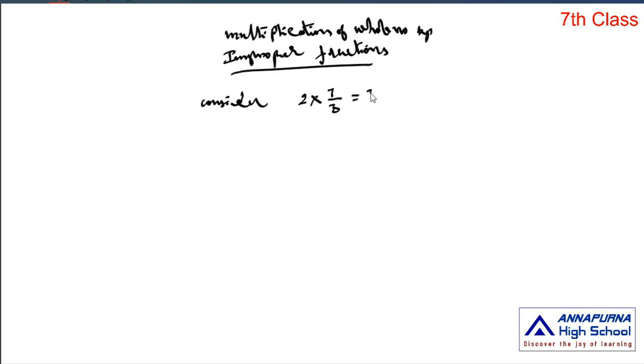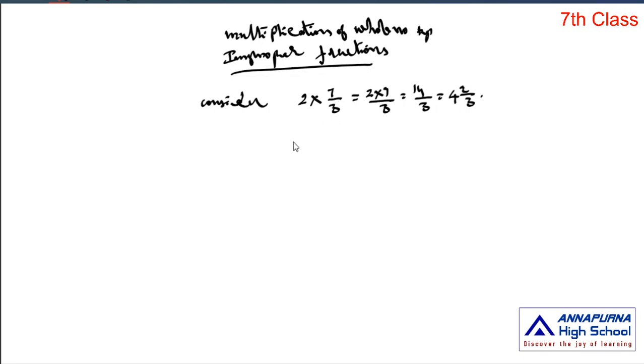That means 2 into 7 by 3 is equal to 2 7s are 14 by 3. This is an improper fraction, convert it into a mixed fraction. 3 4s are 12, 2 is the remainder, so 4 2 by 3. So this is the same as the multiplication of a whole number by a proper fraction. Instead of proper, we used improper.